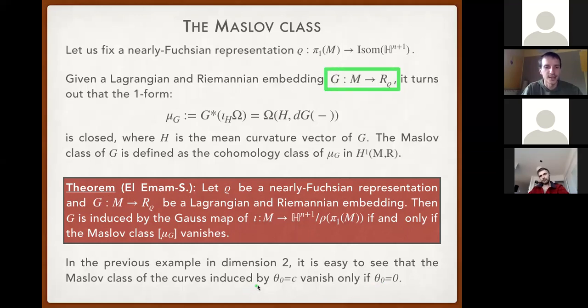What I want to say here is the Maslov class of the curves induced by theta equal to c vanishes if and only if c equals pi over 2. So there's a huge number of mistakes in this sentence, and unfortunately, they do not compensate one another. Anyway, the Maslov class is basically equal to this constant, up to maybe some other factor. Okay, so this is just to support the fact that the statement of this theorem is believable.